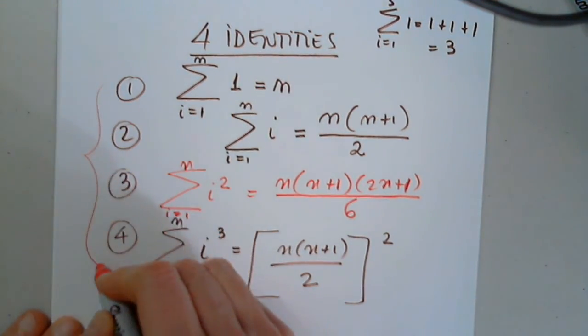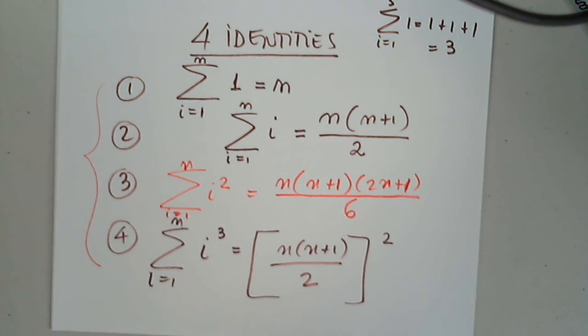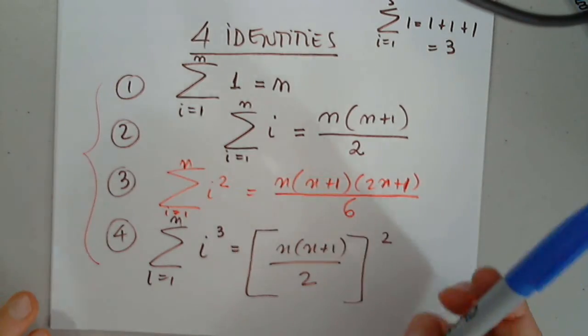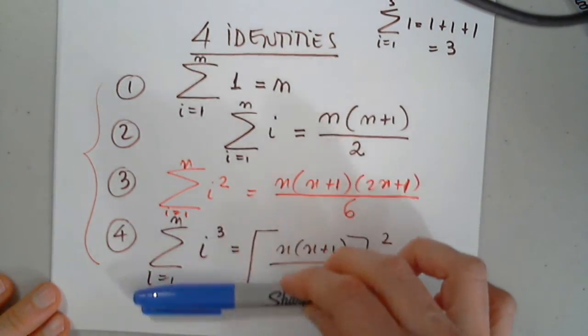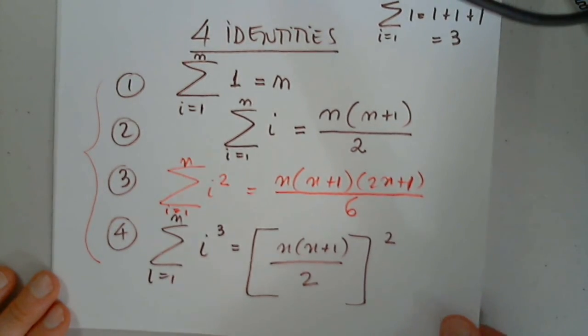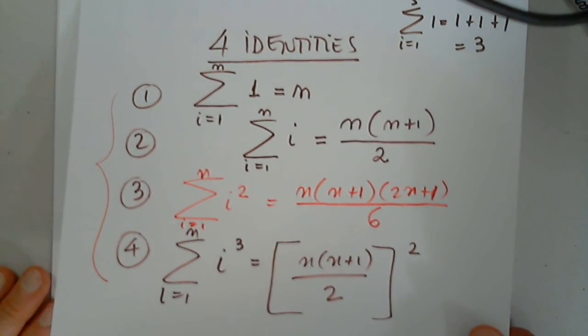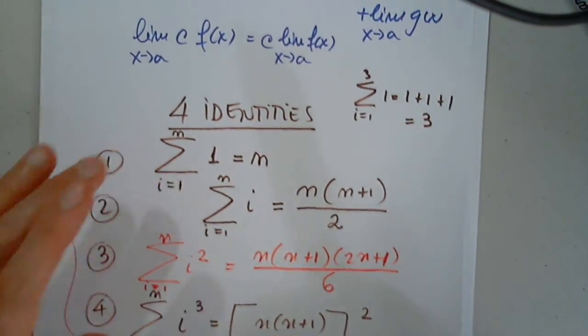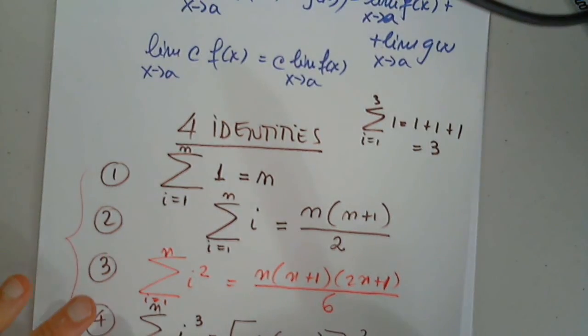So let me know if you want to prove any of the other 2, 3, or 4. It's a big theory behind it. It's the mathematical induction theory. If not, then we will have to remember these or have them handy from this moment till we finish the semester. So these are the 4 identities, and they all involve the summation notation.